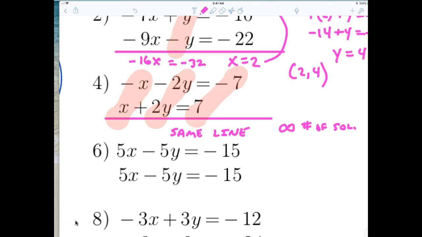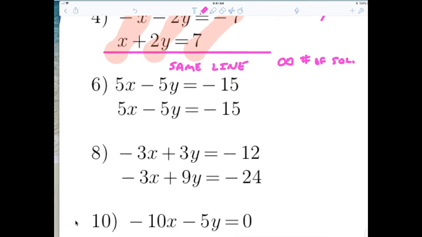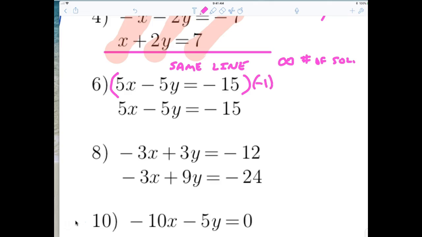Now, let's look at the next one. Same exact principle. Now if you notice though, we talked about this yesterday, you can't just add them because nothing cancels. Multiply by negative 1, thank you. When I multiply by negative 1, I get negative 5x plus 5y equals 15.